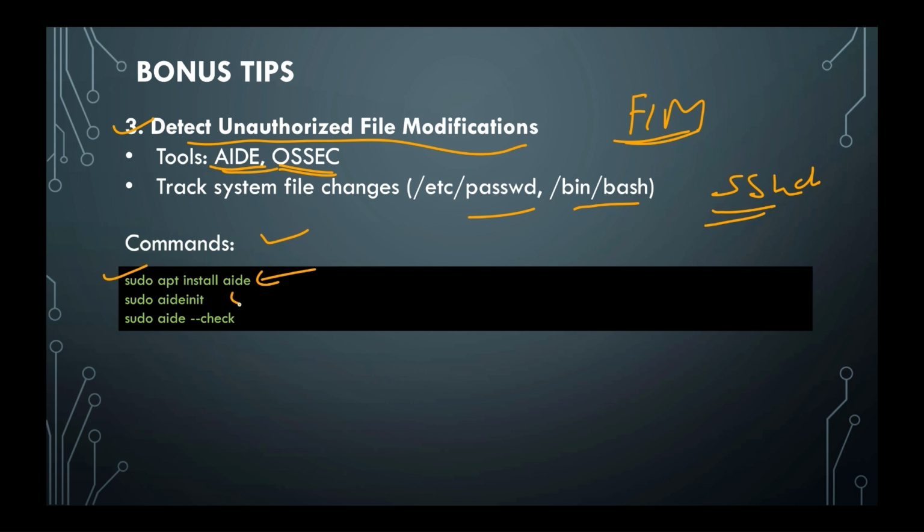Then run AIDE to check for changes using sudo aide check. AIDE will compare the current state of your system with the baseline and report any unexpected changes, and this can help you detect if an attacker modified system binaries or configuration files.